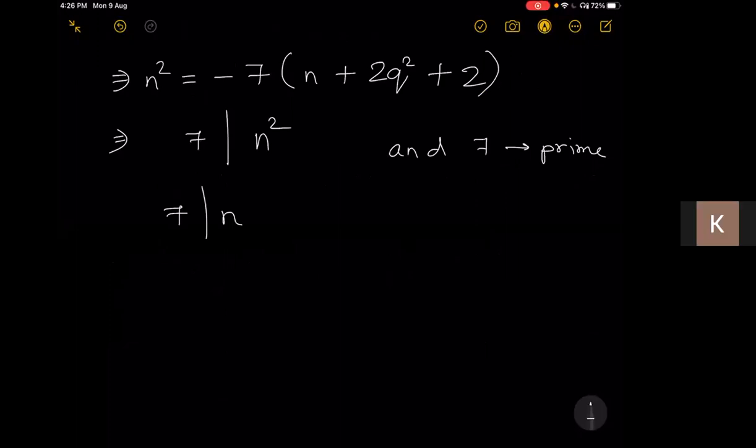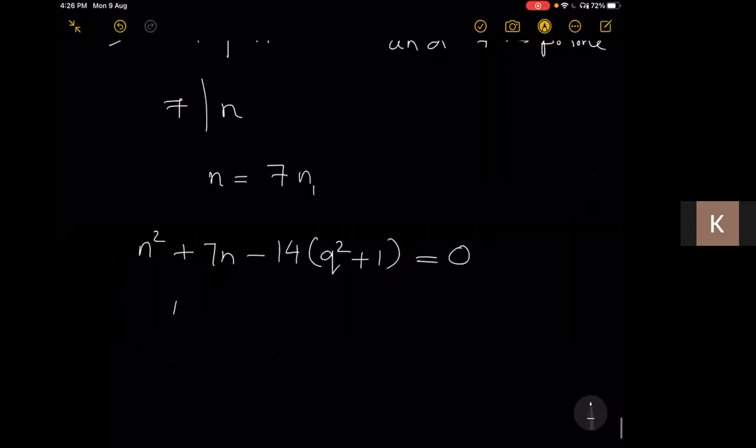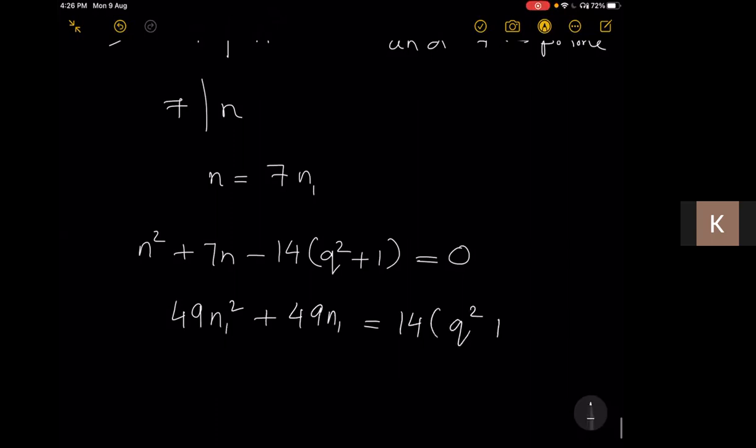So assume n equal to 7 n1. Then n square plus n is 0 mod 7, and 2q square plus 2 mod 7, so no solution. I can write this as 49 n1 square plus 49 n1 equal to 14 into q square plus 1.